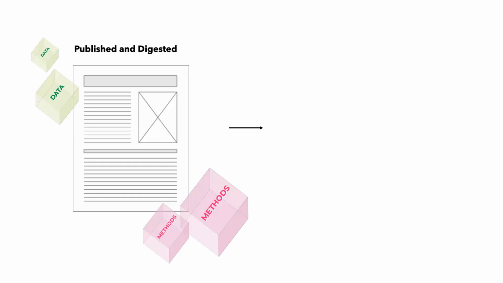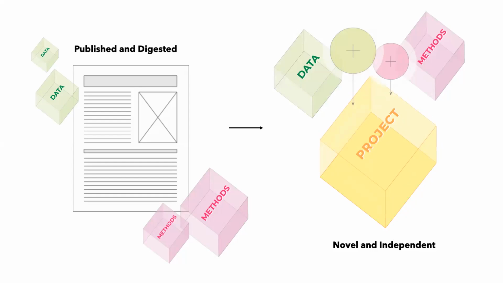And then once you look at this example, right, and maybe you've chosen several of these examples, several different papers, several different approaches that have been applied to some type of data, you take that data and the methods, and you can add on to those from data that you've discovered elsewhere or from additional methods that you have found elsewhere, and design your novel and independent project, right?